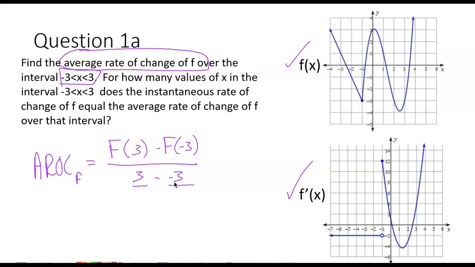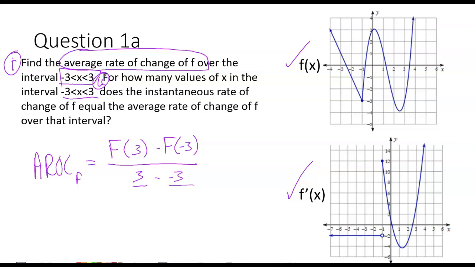So there's my average rate of change of f. Then it says, for how many values of x in the interval from negative 3 to 3 does the instantaneous rate of change of f equal the average rate of change of f on that interval? So we really have 2 questions in this question. We have find the average rate of change of f, and then we also want to know how many times does the instantaneous rate equal the average rate.